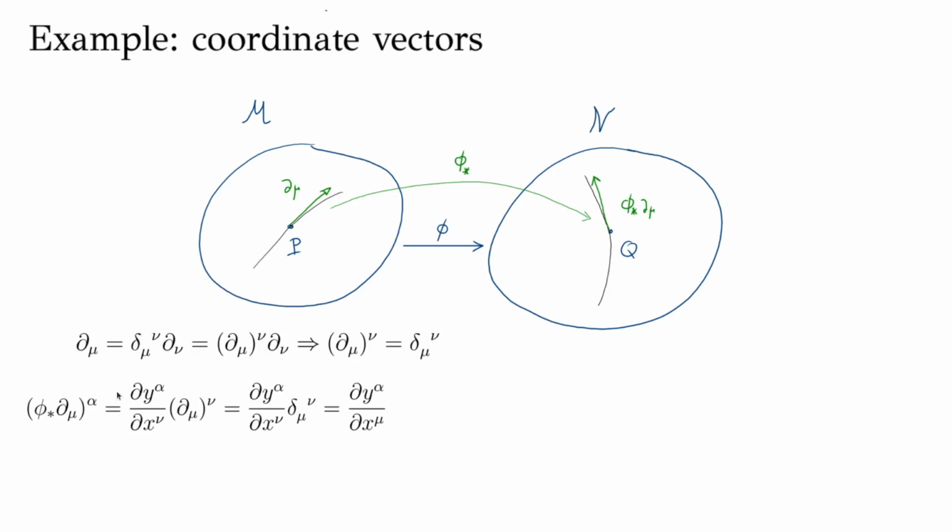Then, using the formulas that we described before, the component of the pushed forward image of d mu is given by the derivative of y with respect to x. So that this vector here, as a linear combination of the coordinate basis in the neighborhood of Q, is given by this relation.